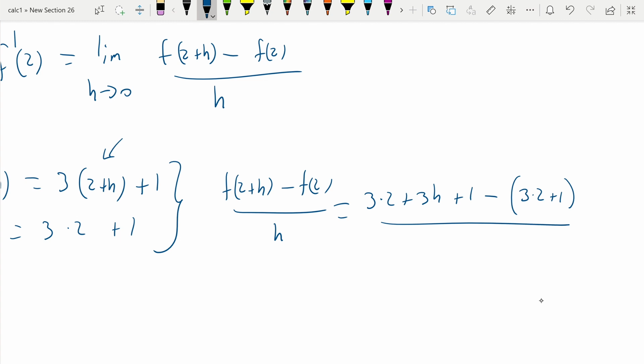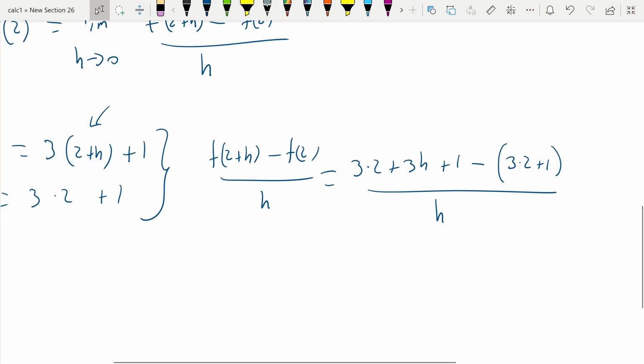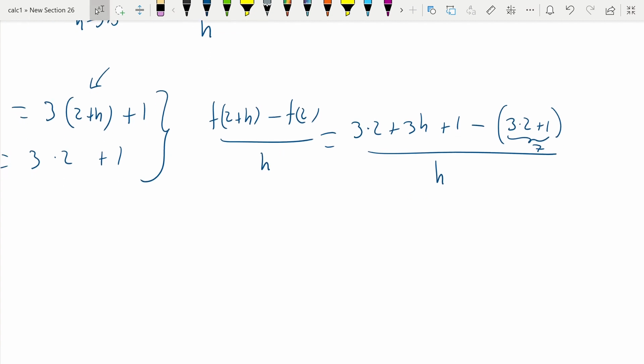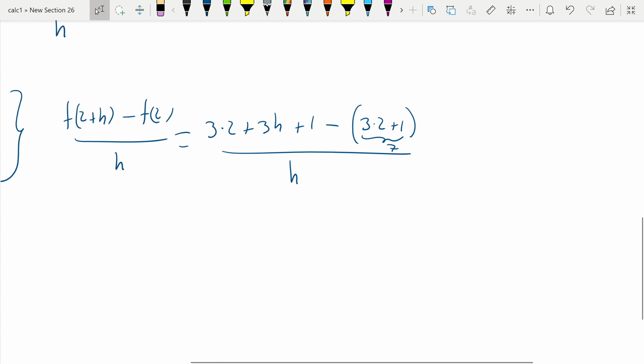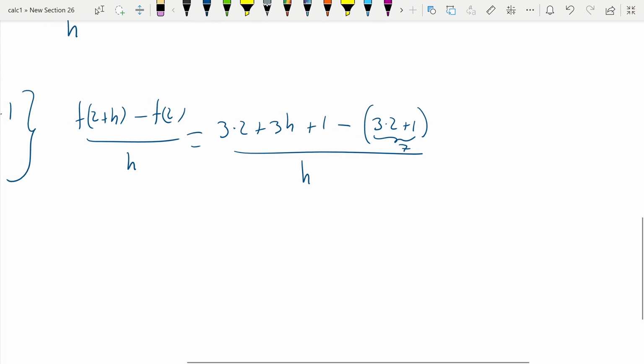And we have to divide all of that by h. So some people open the parentheses before actually computing. This is 7. What's inside here is 7, and if you just open the parentheses, you're just subtracting 7. But something to avoid is to write this as minus 3 times 2 plus 1, or something of the sort, so you flip all the signs inside the parentheses before placing the parentheses.